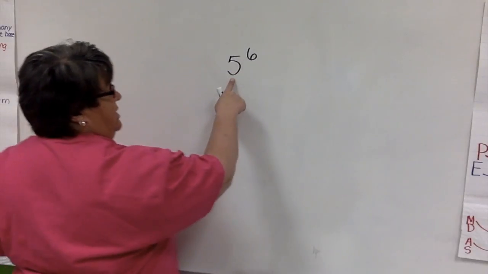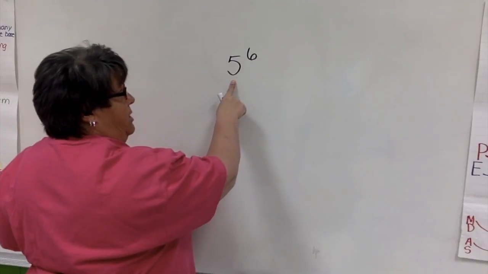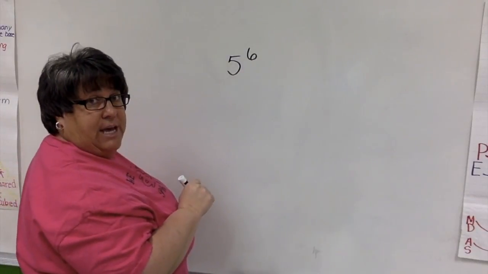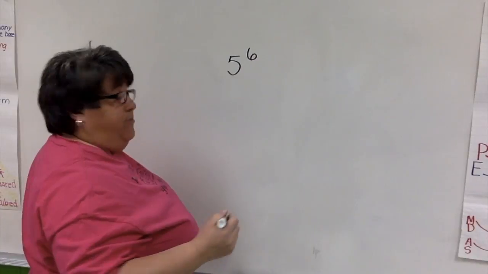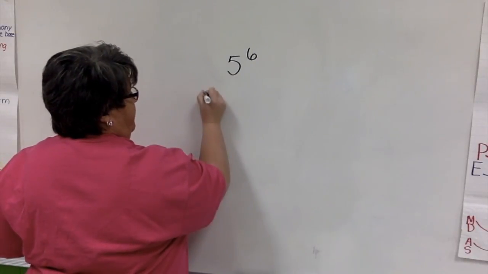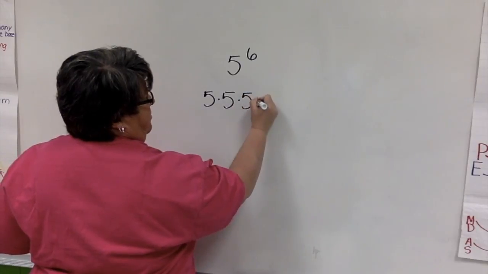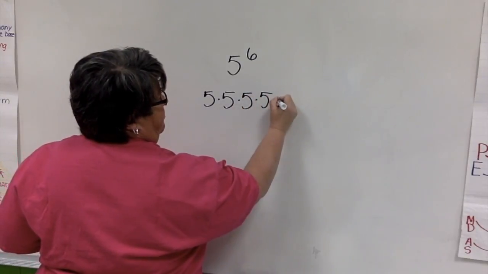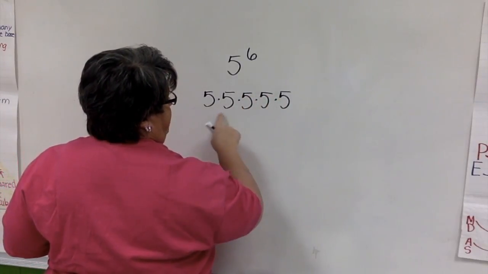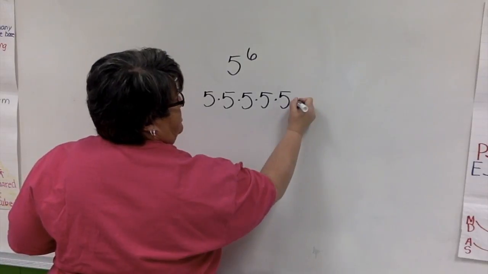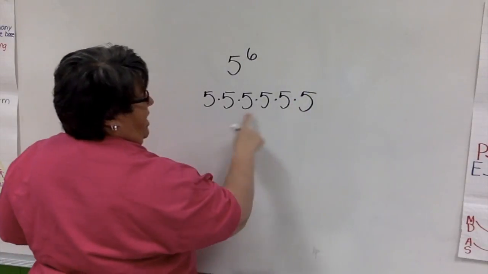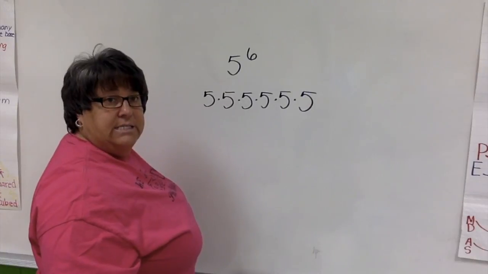So in exponential form, this is 5 to the power of 6. In expanded form, it is 5 times 5 times 5 times 5 times 5, 1, 2, 3, 4, 5, times 5. 5 times itself 6 times.